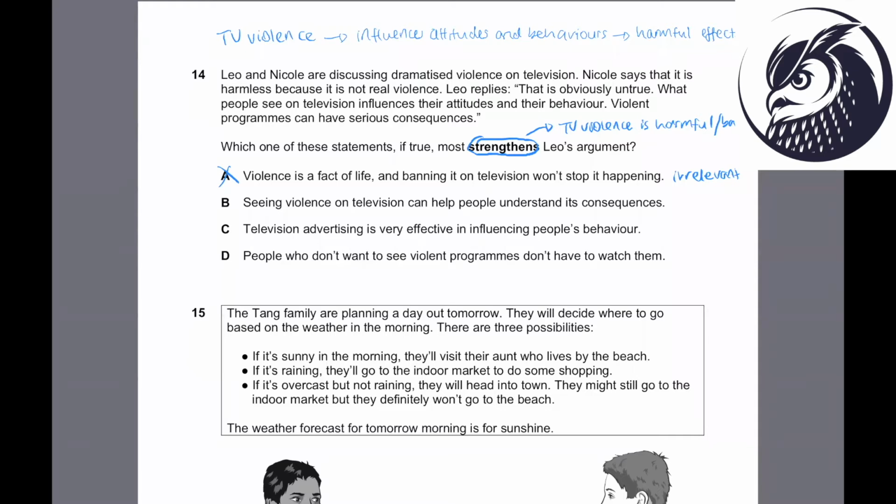Again, whether it can help people understand the consequences is a bit irrelevant because Leo is trying to argue that seeing violence on TV can lead to changes in people's attitudes and behaviors and therefore lead to harmful effects. It's not really about whether it can help people understand the consequences. So again, answer option B is irrelevant.